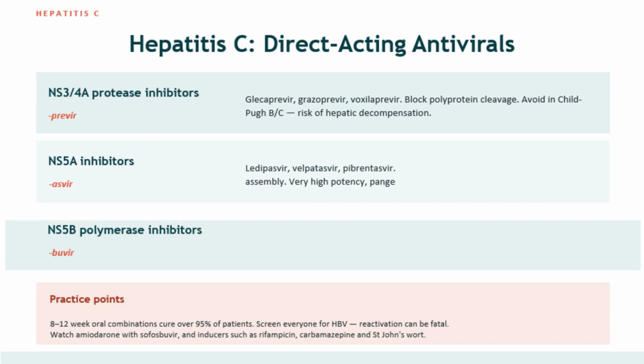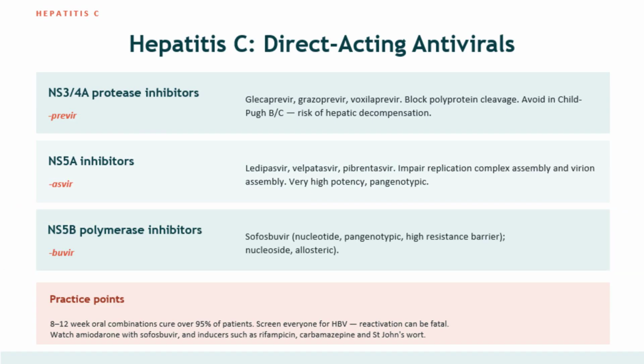Hepatitis C, and here's the good news: the naming convention does the work for you. Previr means an NS3/4A protease inhibitor, blocking the cleavage of the viral polyprotein. Asvir means an NS5A inhibitor, disrupting assembly of the replication complex, and these are extraordinarily potent.